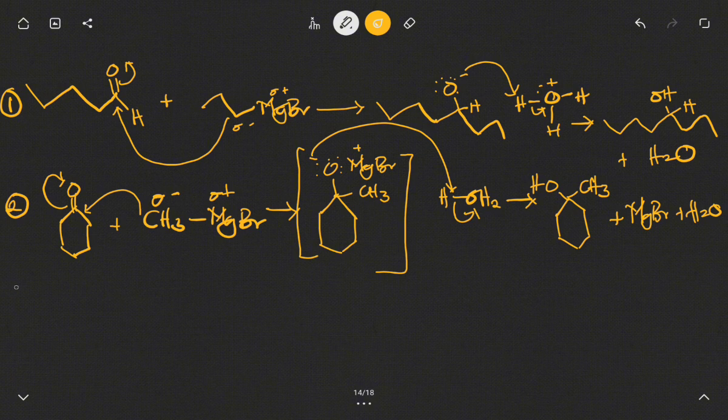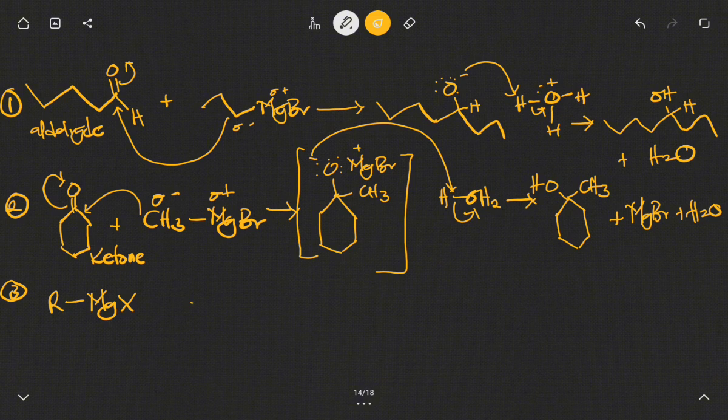And so far here we have aldehyde, ketone. Now Grignard reagents can also react with carbon dioxide, and you are going to have carboxylic acid. So let's say this is an alkyl group, and then we have MgX, where X is your halogen.